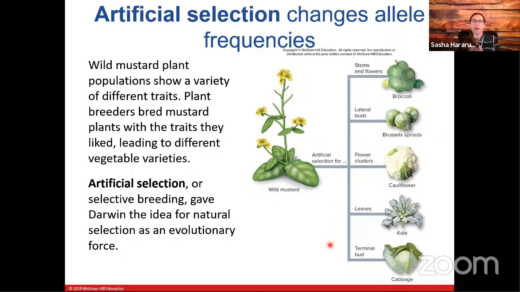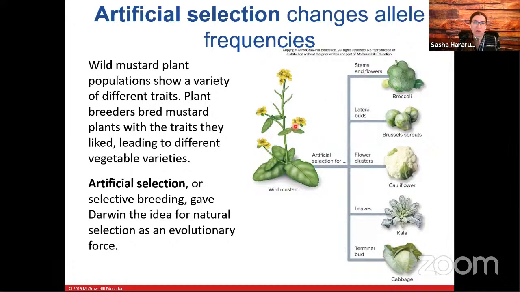Remember that no two individuals within a species or within a population are exactly alike. Some wild mustard plants would have, let's say, more pronounced stems and flowers.